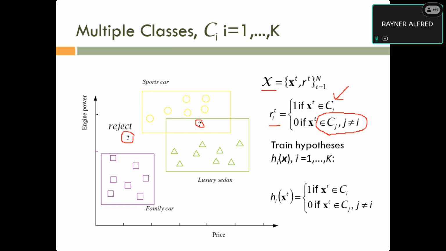And we want to have this hypothesis for all the classes, for example green, yellow, and purple. They should not have overlapping, and it should cover all the items that we have. So that is the first assumption to make sure we have a good model.